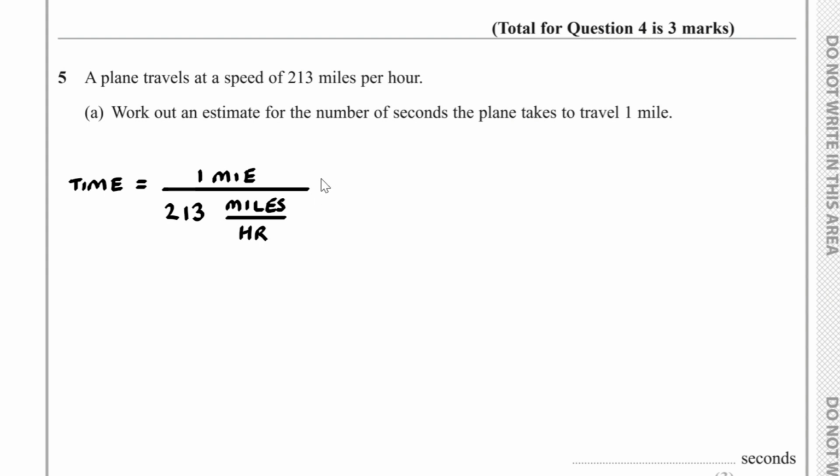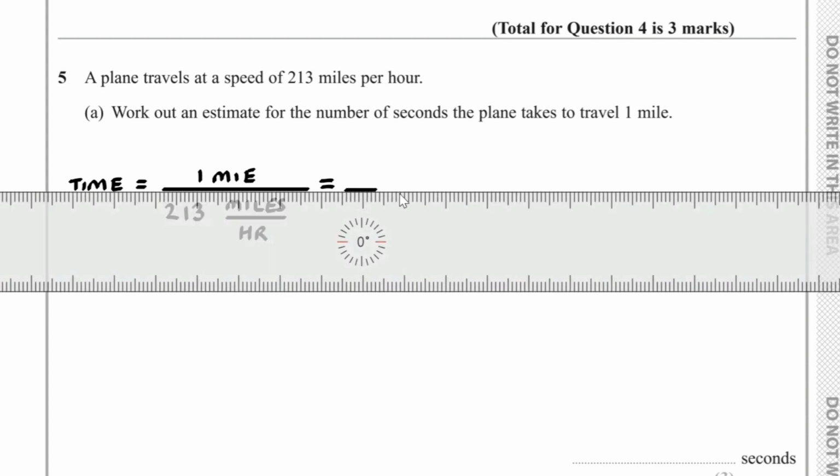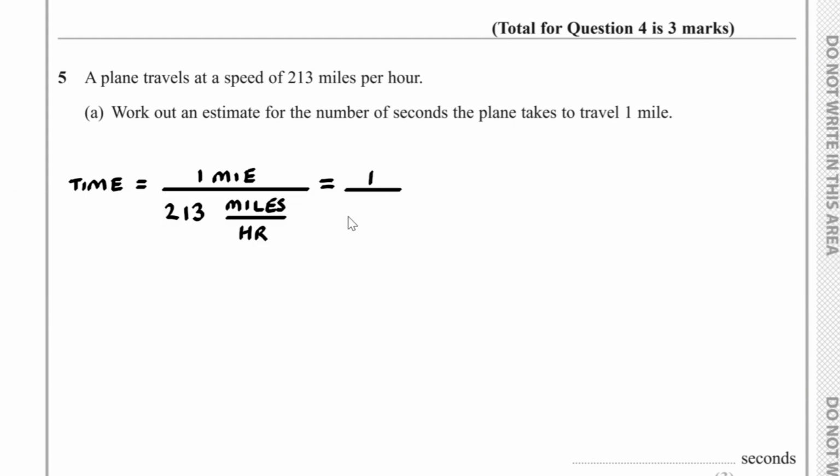And so what the time is then would be 1 over 213 hours to travel 1 mile. And what we need to do is find out how many seconds this is.